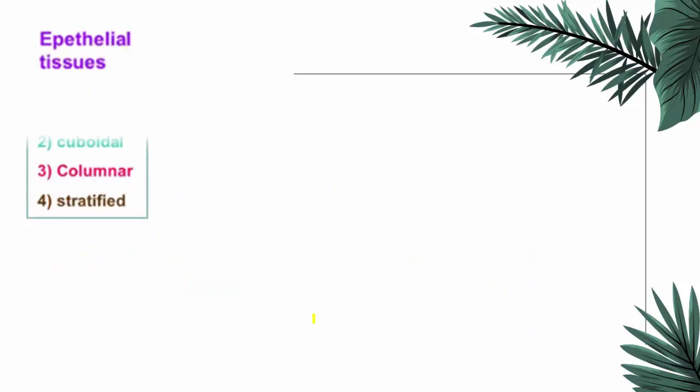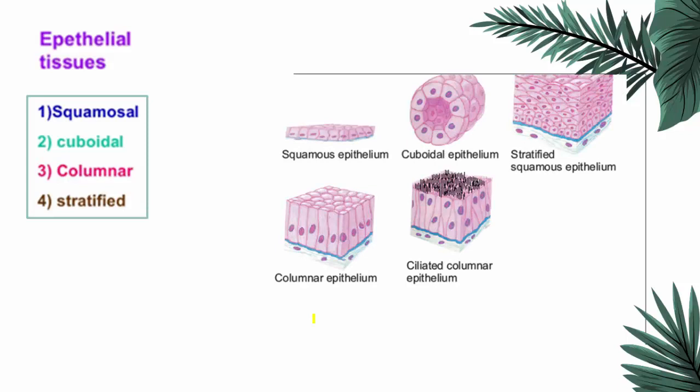So moving to the first one about epithelial tissues. The epithelial tissues, as you know, there are four types: squamous, cuboidal, columnar and stratified. Here is the image of all the epithelial tissues. Okay.